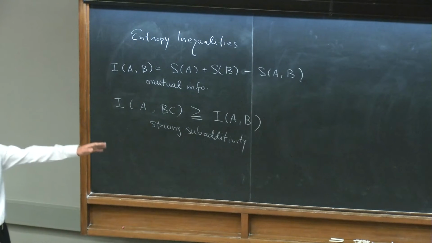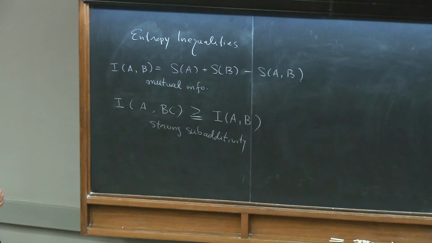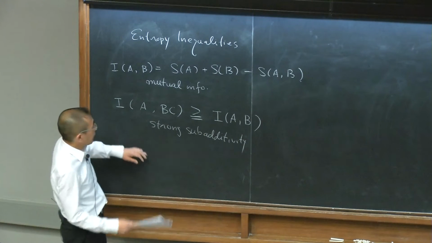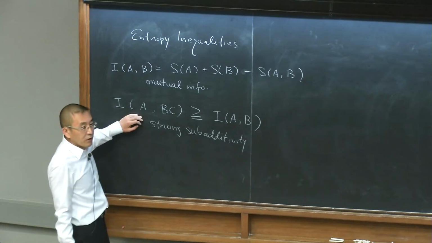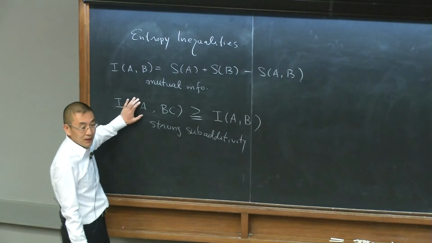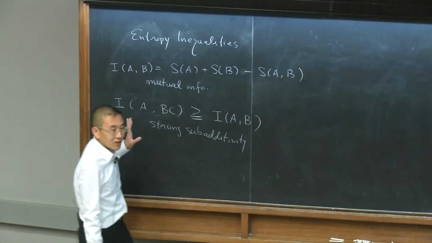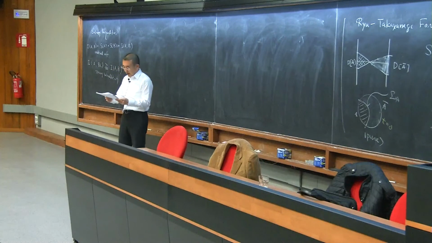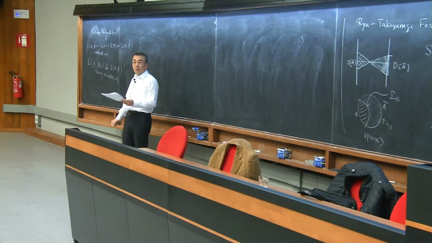Then almost just a year after Ryu and Takayanagi proposed that formula, it was pointed out by Matt Headrick and Takayanagi that the Ryu-Takayanagi formula actually satisfies this strong subadditivity. So that was a very nice confirmation of the consistency of the Ryu-Takayanagi proposal.